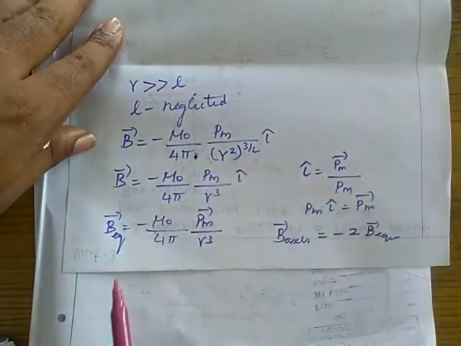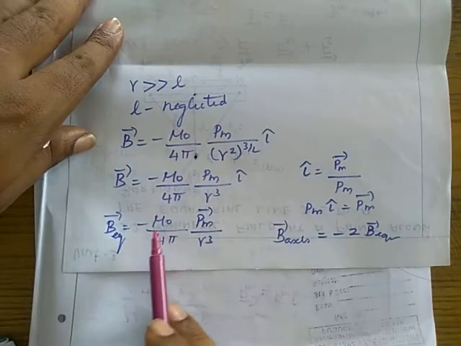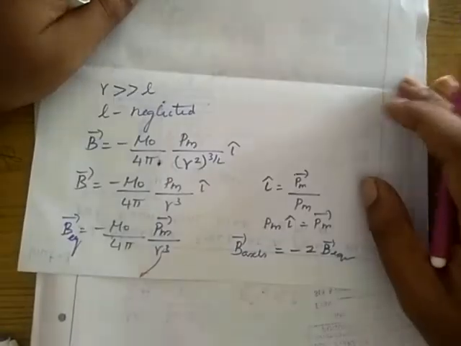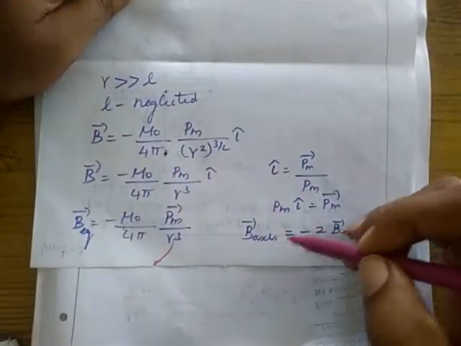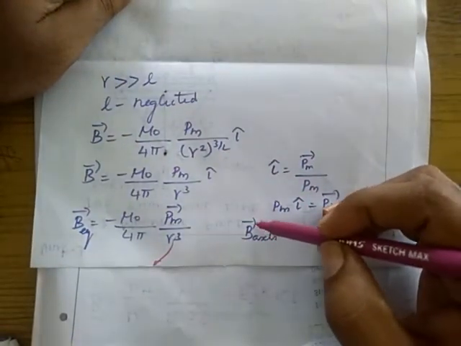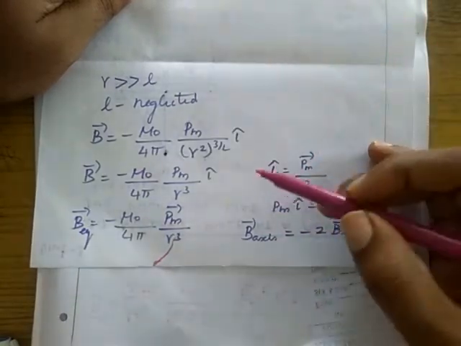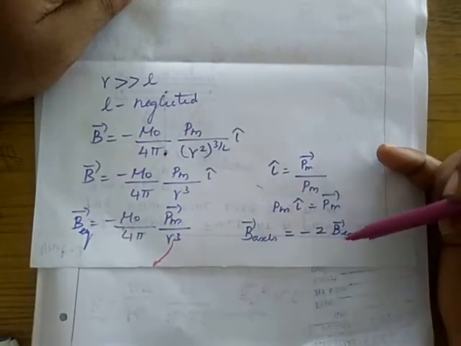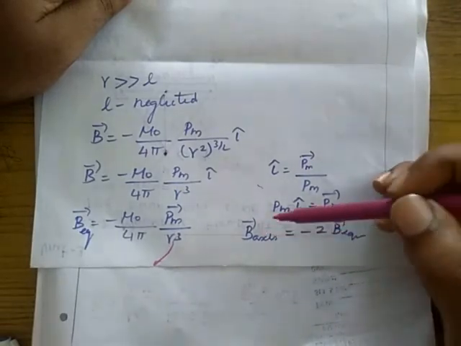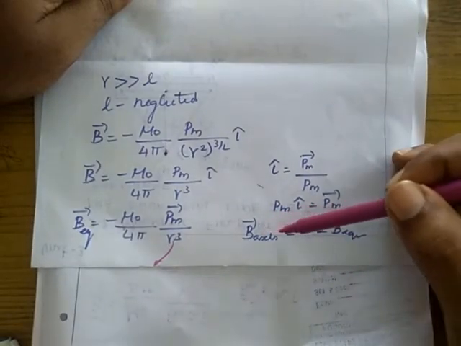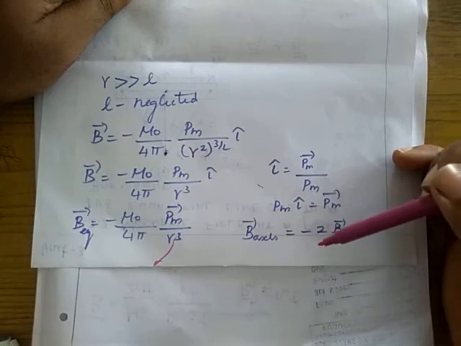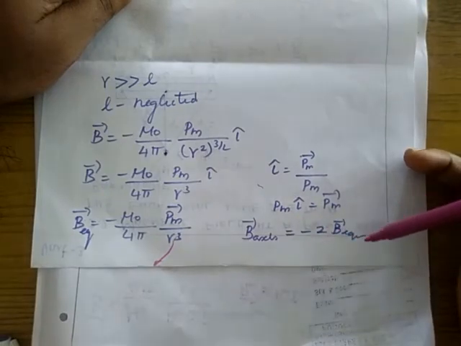Then we get B is equal to minus mu naught by 4 pi Pm vector by R cube. Here one more condition is there. After comparing the magnetic field due to the axial and equatorial lines, the magnetic field on the axial line is equal to 2 times the magnetic field on the equatorial line.